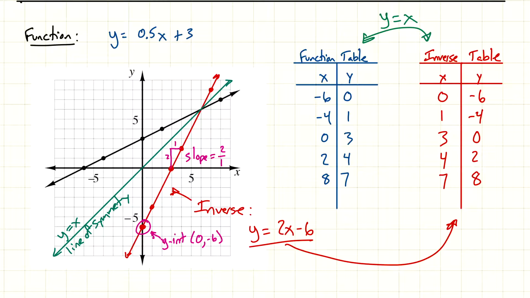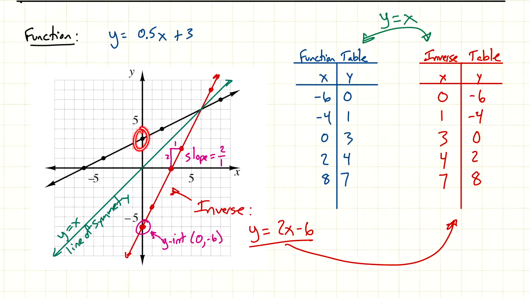You should notice that that line of symmetry exists only because we're focused on a function and its inverse. We specifically said we're going to swap our x's and y's. So everything that was above the line y equals x now becomes below the line. This point here got moved to the other side.